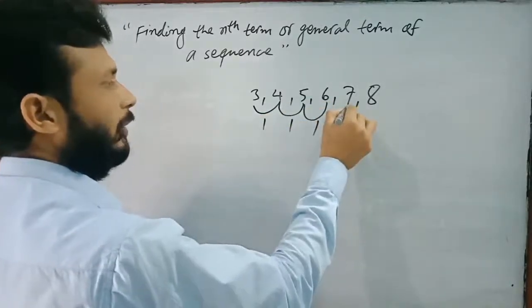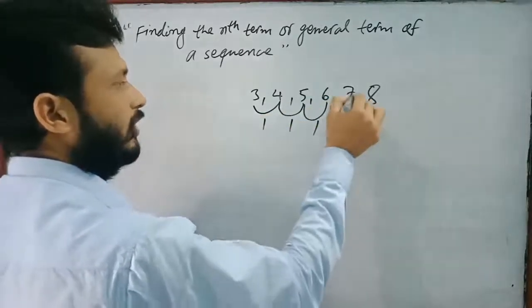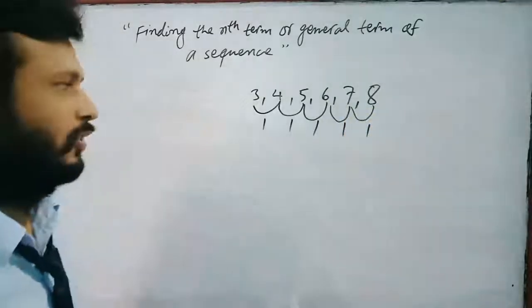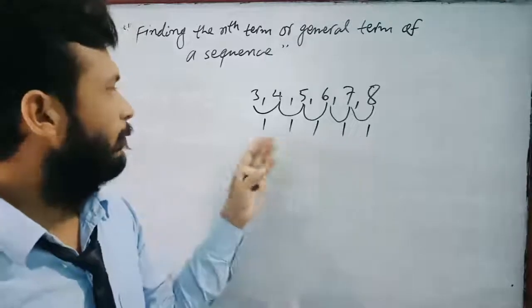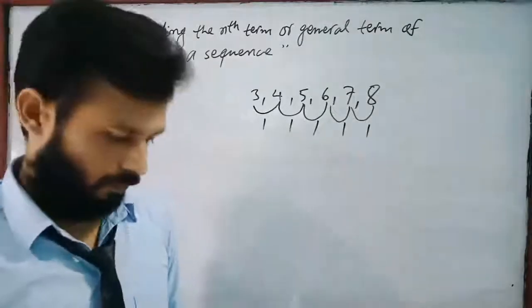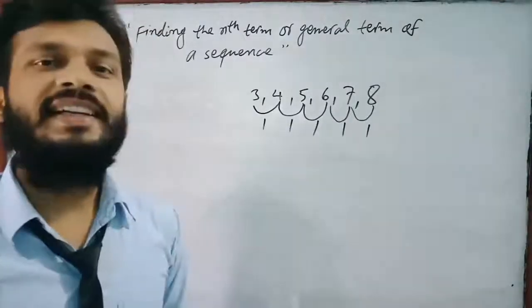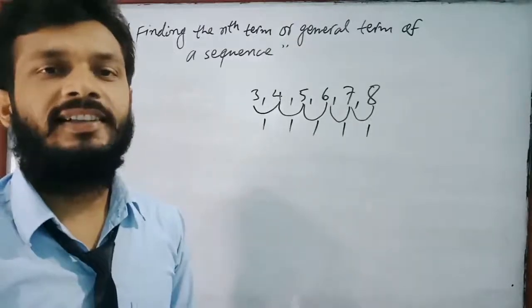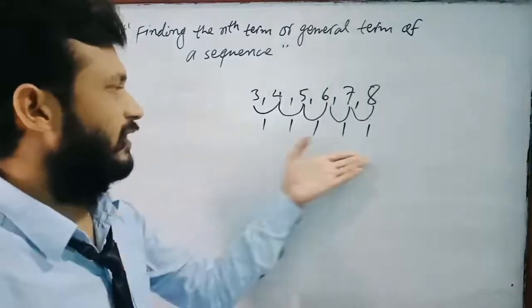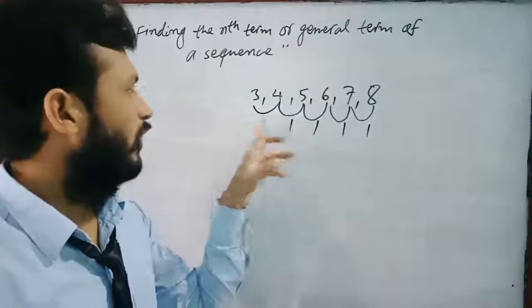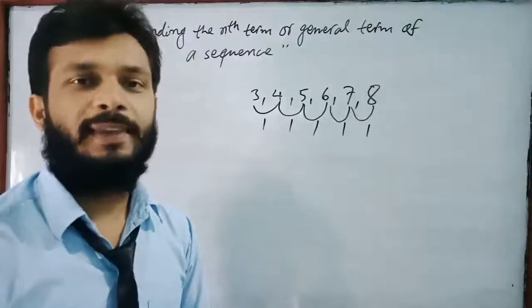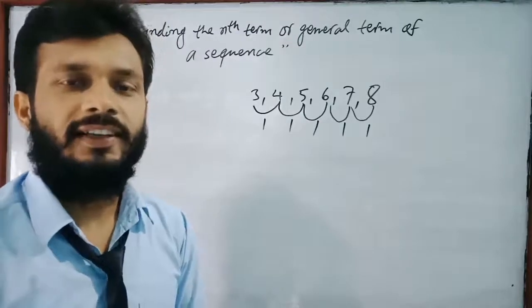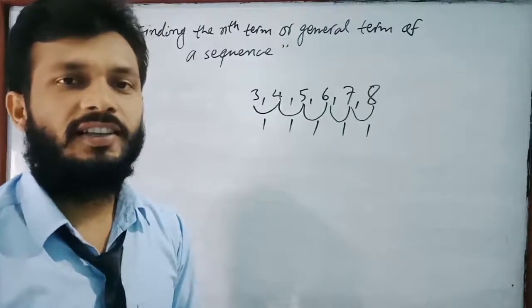Then 7 minus 6, 1. Then 8 minus 7, 1. Understood? Okay. In this sequence, the difference between any term and its preceding term is fixed or constant, so it is called a linear sequence. It is also called an arithmetic sequence, an arithmetic progression.